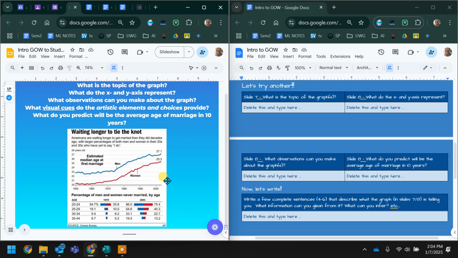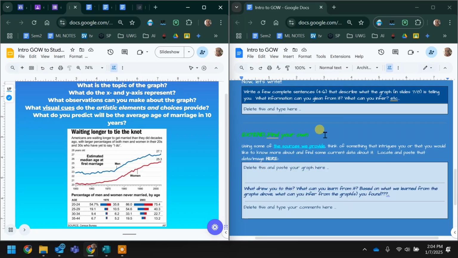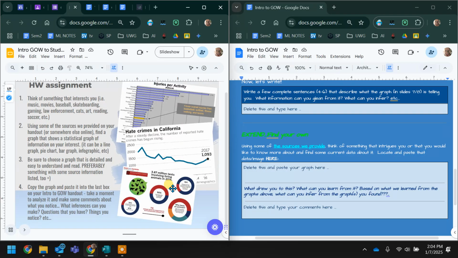You have a lot of these really great sources that give you tons and tons of ways to look up data. And we'll go over these at a different time in another assignment. But you can check out any of these sources, or if you just want to Google, you can start Googling for graphs or infographics or any of those kinds of sources.